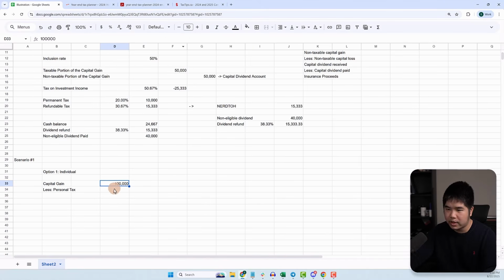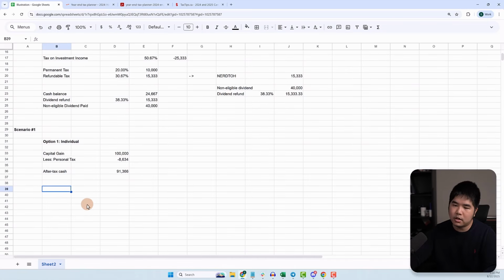So let's go back to our Google Sheet and put the amount here. So then our after-tax cash is about $91,000. Option 2, corporation.